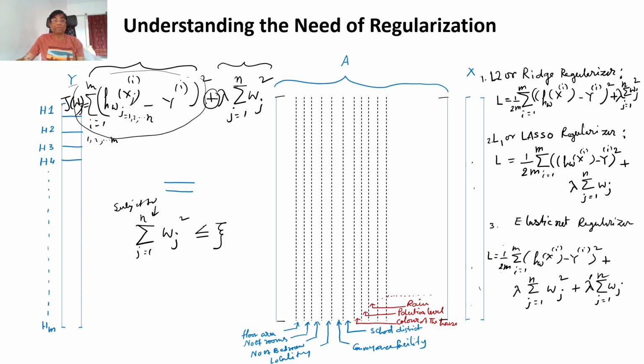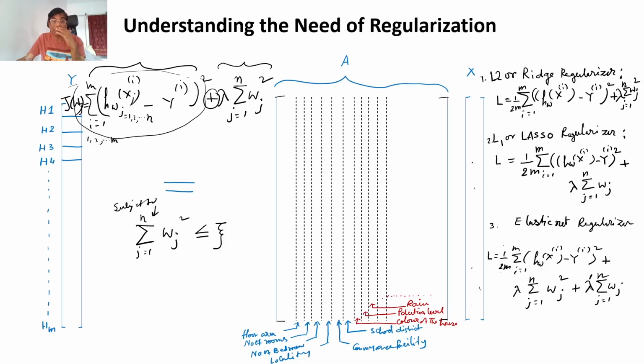This can be done by adding a Lagrangian multiplier lambda, which we are calling the penalty term, and it can be written as summation of j equals 1 to n of wj squared minus zeta equals 0. Since zeta is constant, we are not writing it here because it plays no role in differentiation.